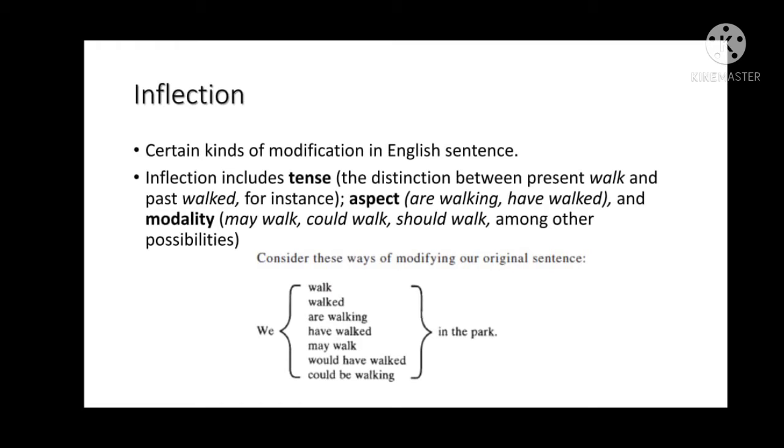We have an example from the book. Consider these ways of modifying our original sentence. We have we as the subject and in the park as the object or complement.